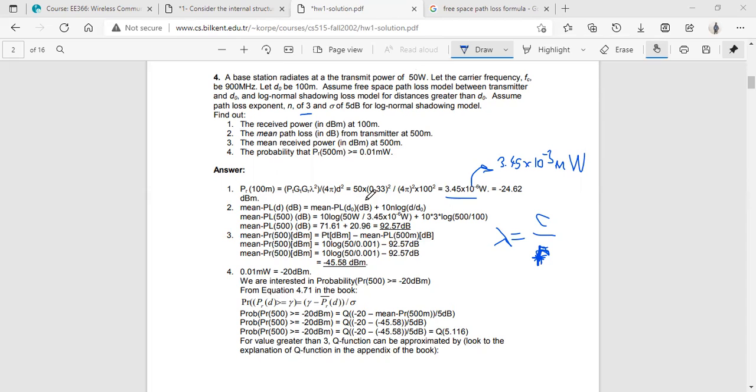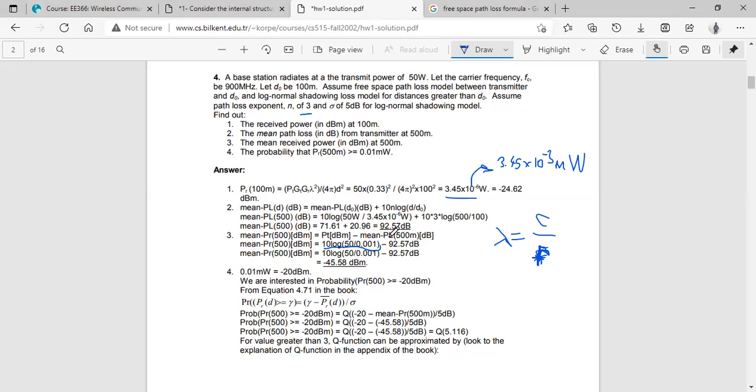So we are finding the dBm value of this 50 watts. In order to do that, we first convert this into milliwatts, which is 50 times 10 to the power of 3, that is 50,000 milliwatts. Then finding the 10 log of that value gives us 46.98, or 46.99.